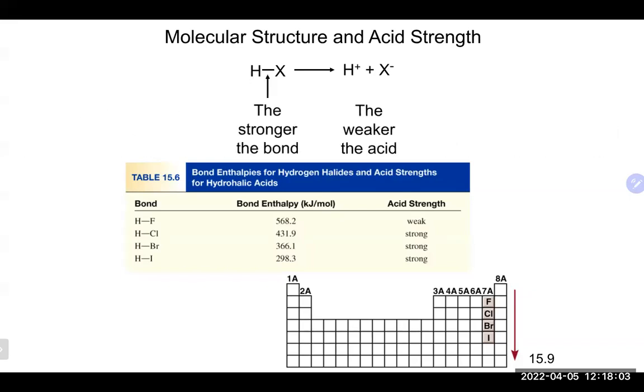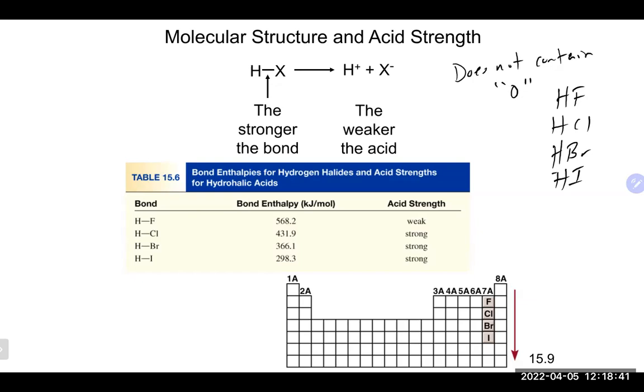When we have an acid that does not contain oxygen, and these are basically your group 7, your HF, HCl, HBr, HI, your indication may be to think that what you should look at is electronegativity, right? And electronegativity increases as you go up on the periodic table, and it is the ability of an atom to bring electrons towards itself.